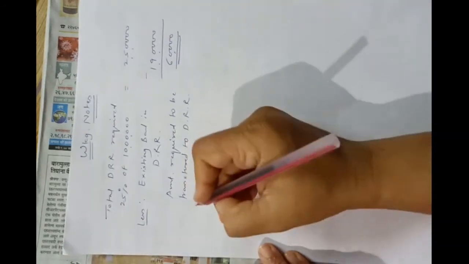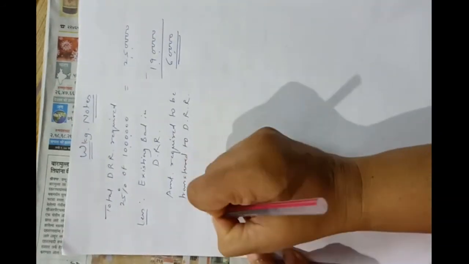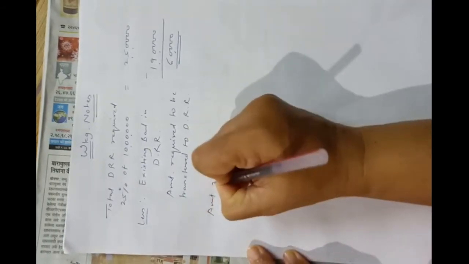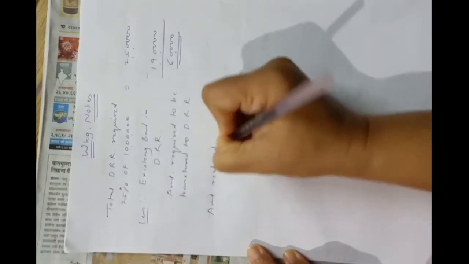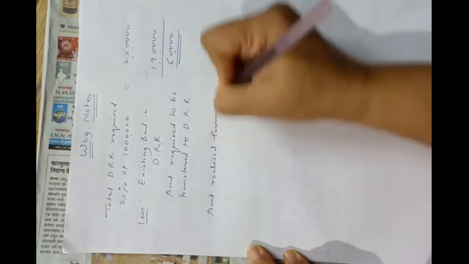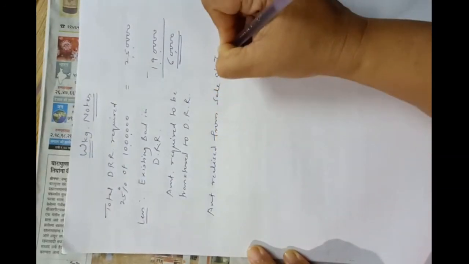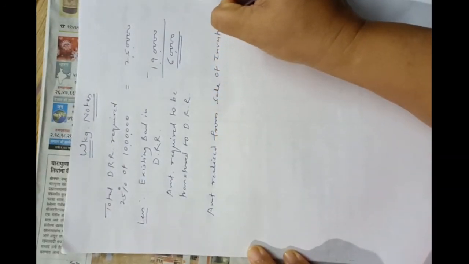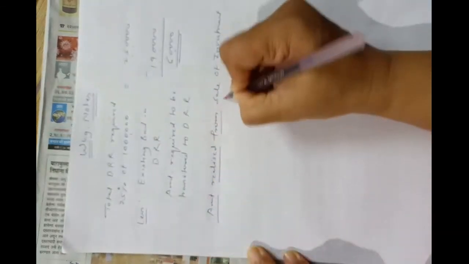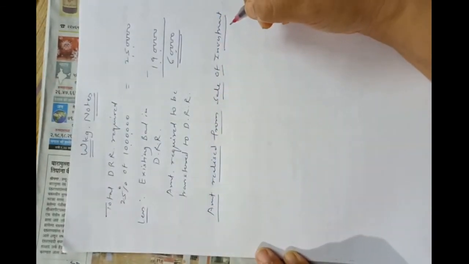Okay. So we have to calculate the amount realized on investment. Amount realized from sale of investment. This is our second working note.